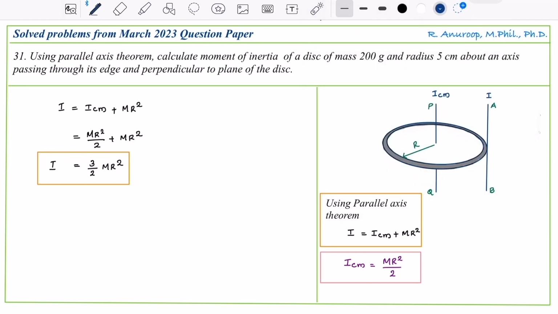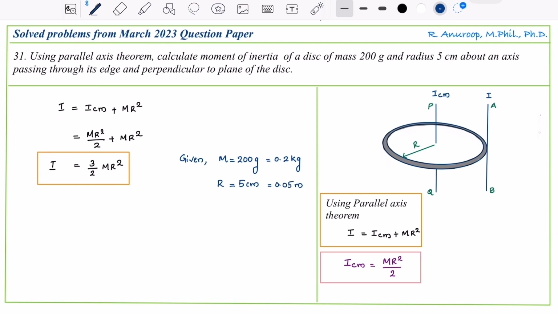It is given that the mass of the disk M is equal to 200 gram and that is equal to 0.2 kilogram. The radius of the disk capital R is 5 centimeter and that is equal to 0.05 meter.